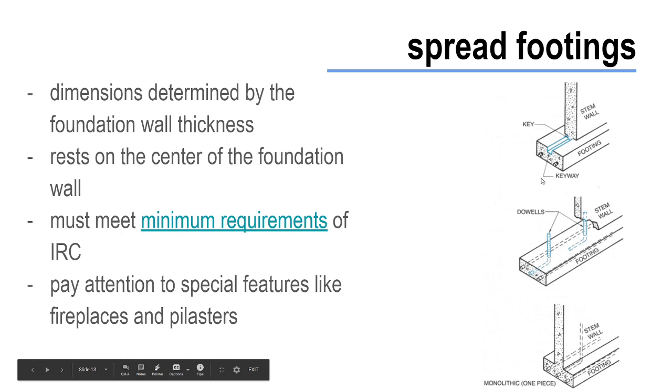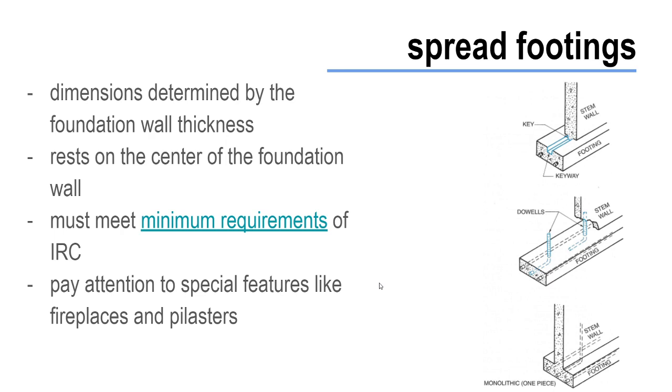Typically it's going to be with a dowel or a key, and we'll see a lot of foundations where the footing is cast-in-place concrete, but the foundation wall itself is made out of CMUs. So not only the foundation plan itself, but the foundation plan compiled with the section view helps tell the full story of the foundation.